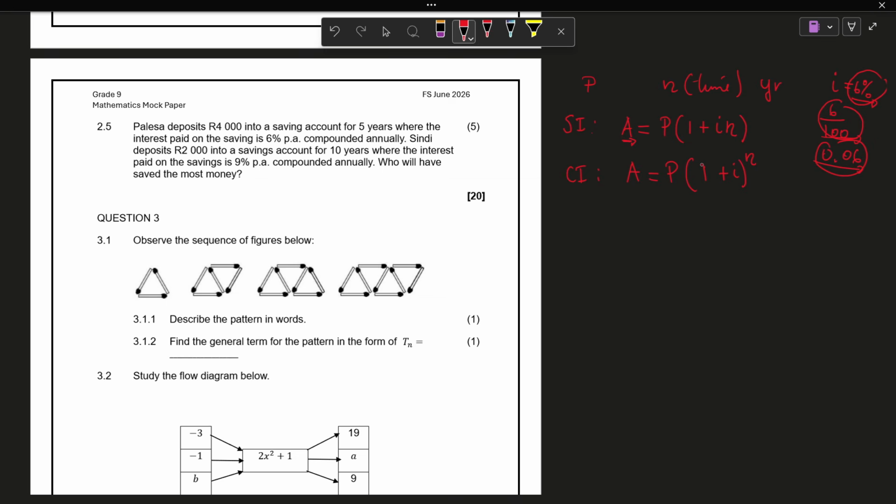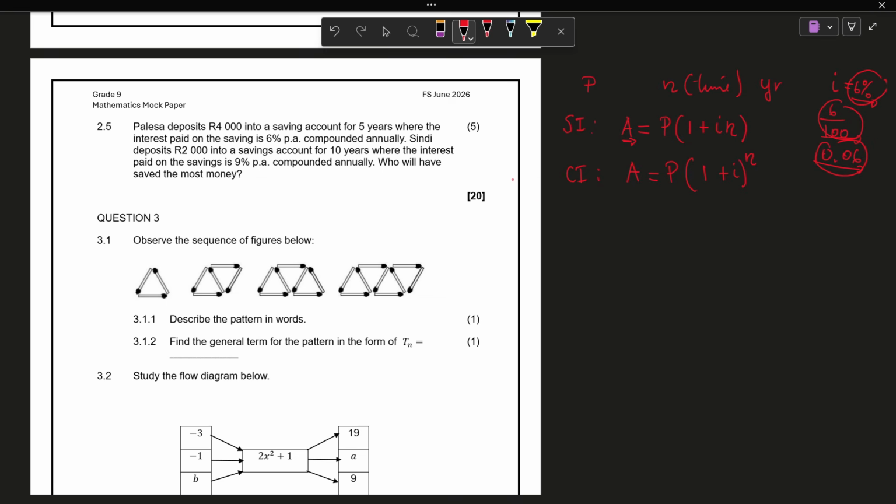I would have liked to explain intuitively the difference, but I don't want to make this very long. I can explain in detail in the next video. So let's just solve this so that we understand what's going on.